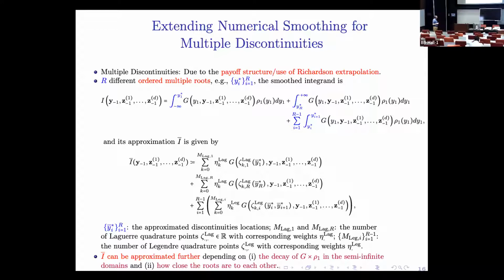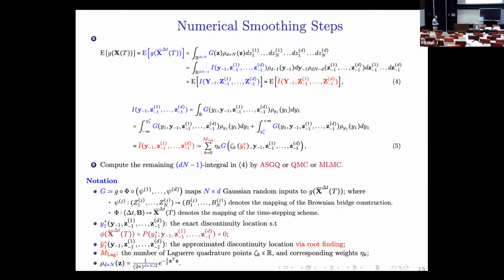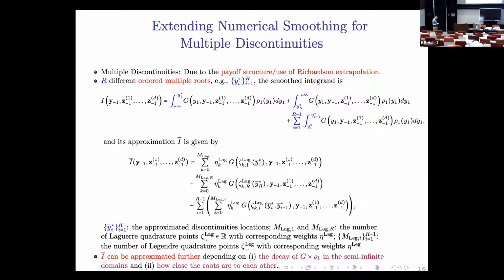If you assume that you have ordered multiple roots, then you can extend the problem that we had before, but now you add the information of all the roots. So you have two semi-infinite integrals at the extreme discontinuities, and then you have integrals for the discontinuities that are in between.